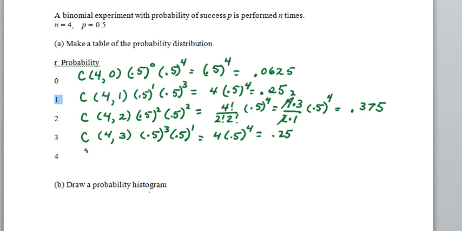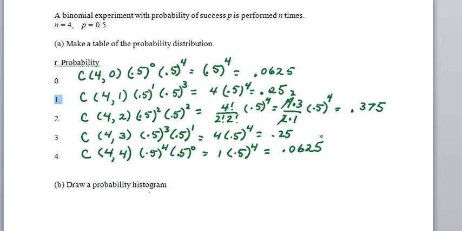And lastly, the number of combinations of 4 things where 4 are selected, times 0.5 to the 4th times 0.5 to the 0 is going to give us 1 times 0.5 to the 4th, 1/16, or 0.0625.